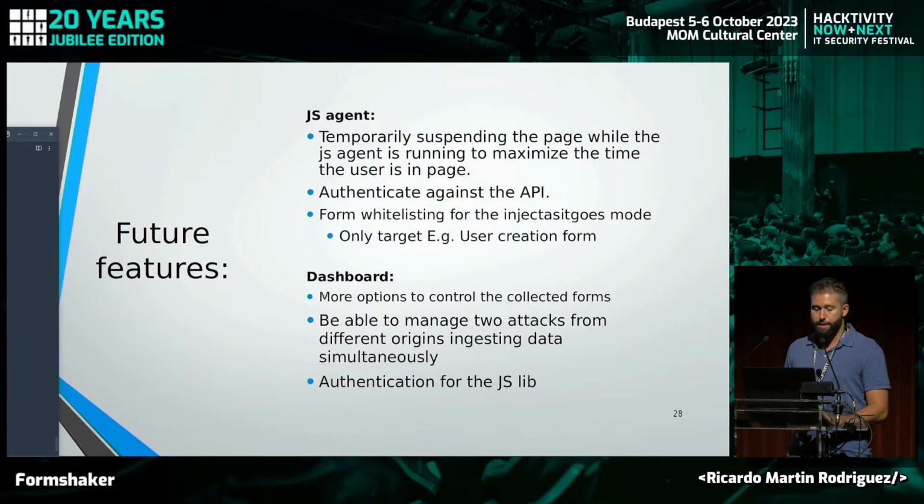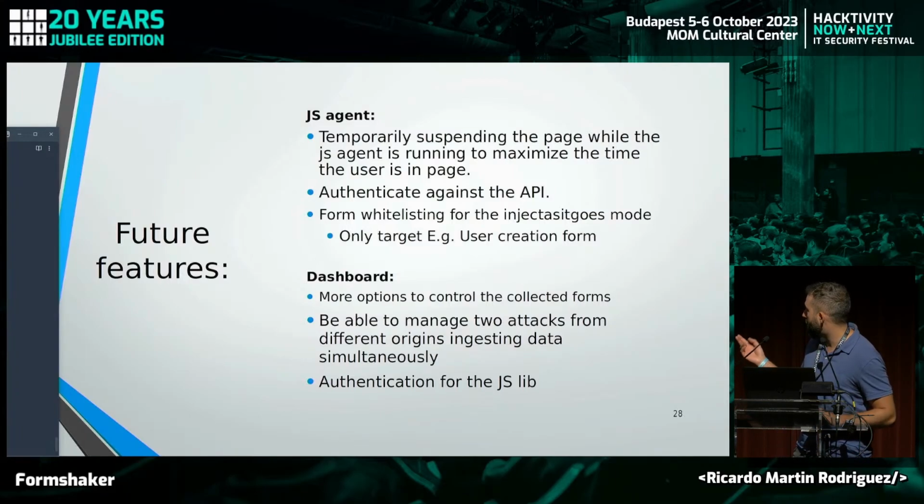Authenticate against the API. And another very interesting feature is the form whitelisting for the inject as it goes mode. So instead of submitting all forms on the website, it will only submit certain forms. For example, if we add the user creation words, it will only look for forms containing these words.